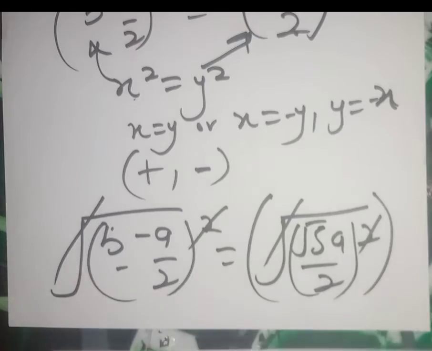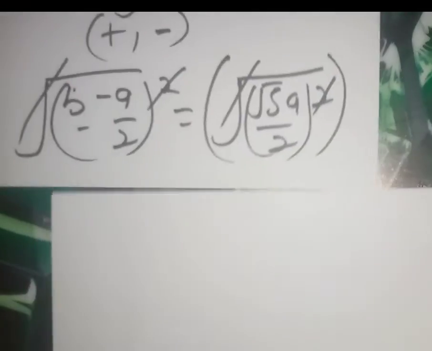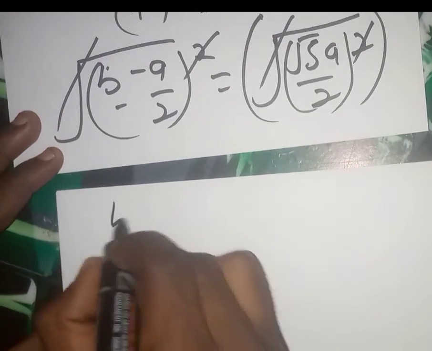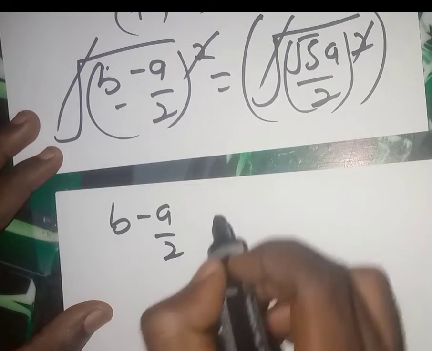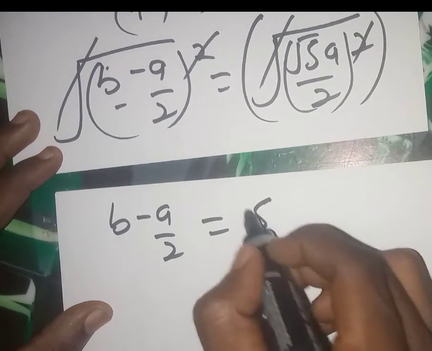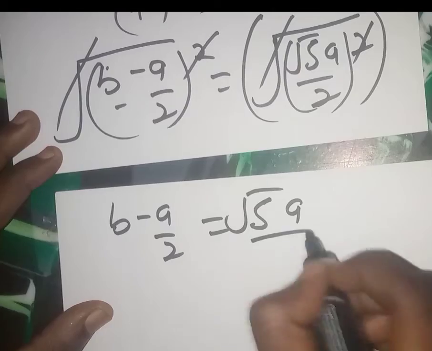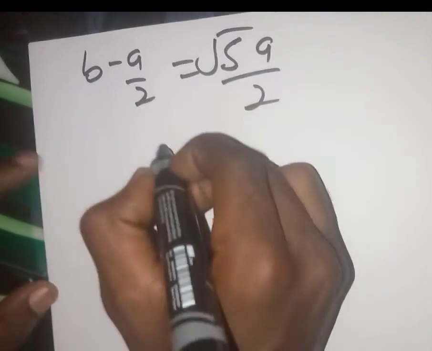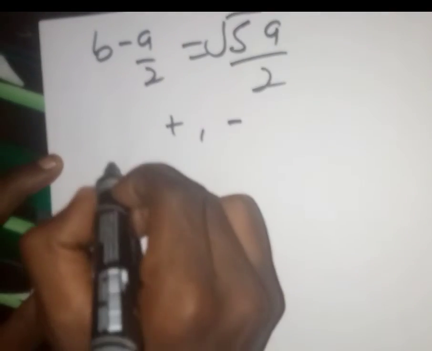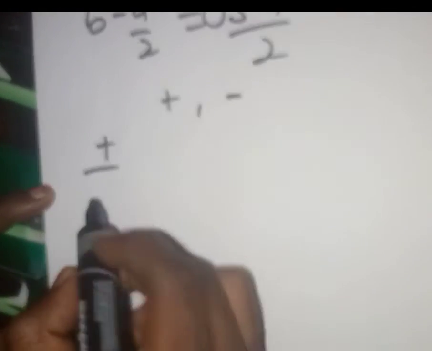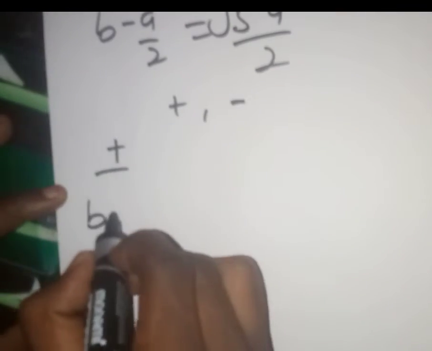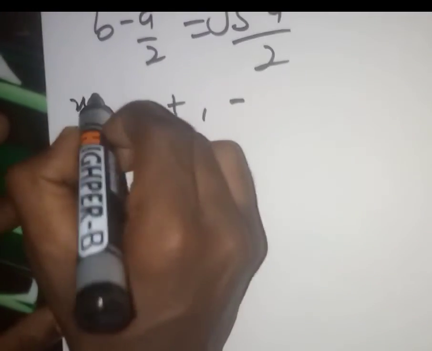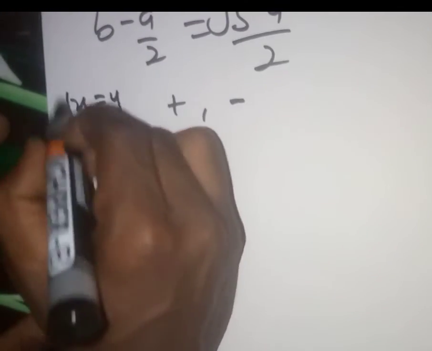Now what is left here is, from here we are just going to get b minus a over 2 being equal to 5 square root of 5a divided by 2 in this case. Now as I said, we have both positive and negative sides, so let's start with the positive side. With the positive side, we just have x equal to y in this case.